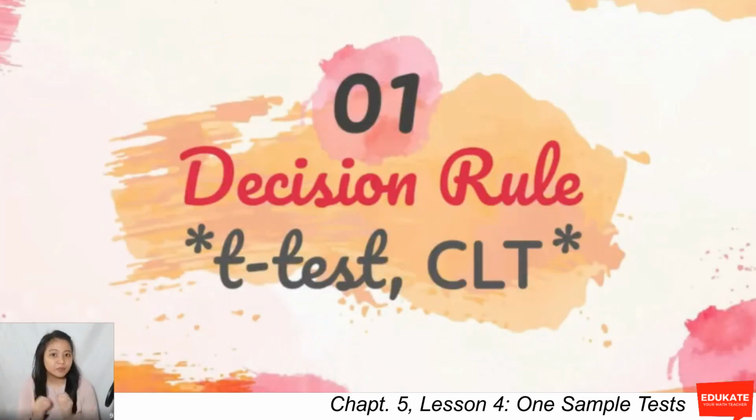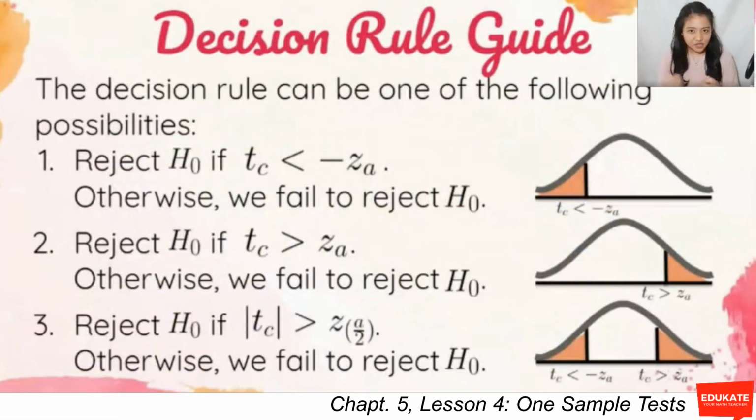So on our step 2, we are now going to look at the decision rule guides for t-test with the sample size large enough to invoke central limit theorem or CLT. So the decision rule guides are the following. This time, with the central limit theorem, we can assume that the test statistic follows the standard normal distribution, which means the tabular value in the z-table will be used as your critical value.